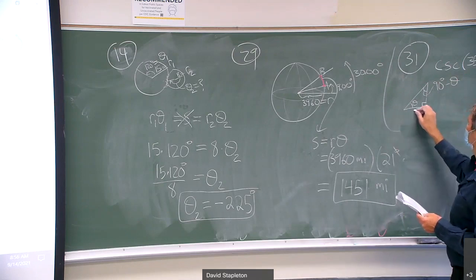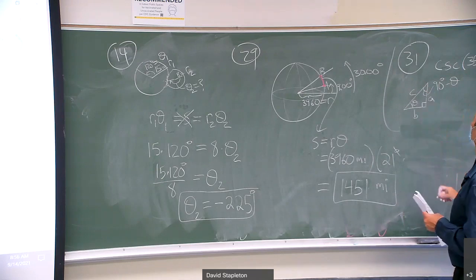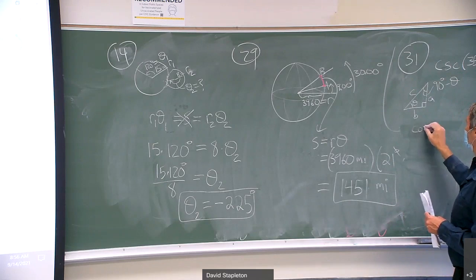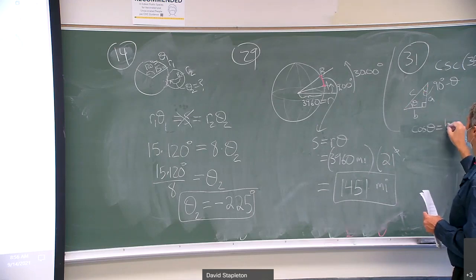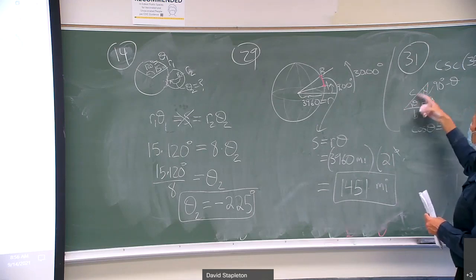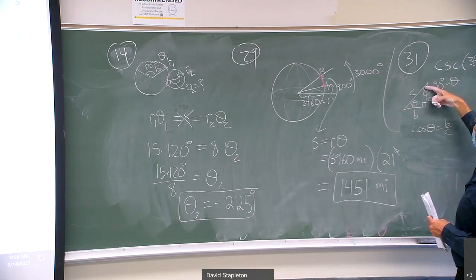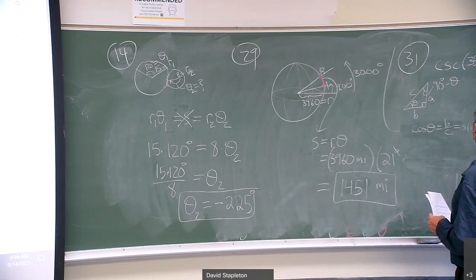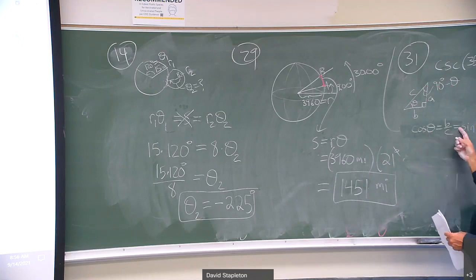Consequently, if I call these sides A, B, and C, I notice that the cosine of theta is adjacent over hypotenuse, B over C. For 90 minus theta, B is the opposite side over the hypotenuse, so it's the sine of that angle. So cosine of theta, B over C, is the sine of 90 minus theta.